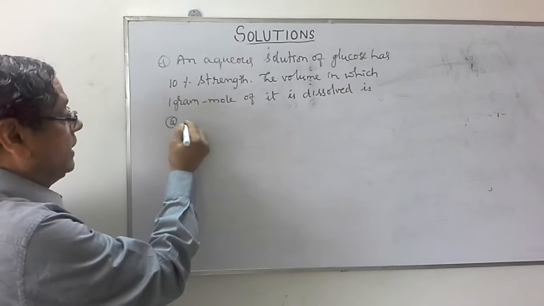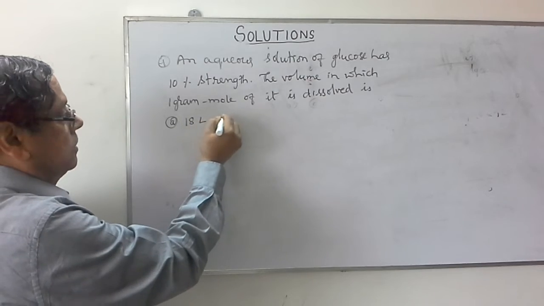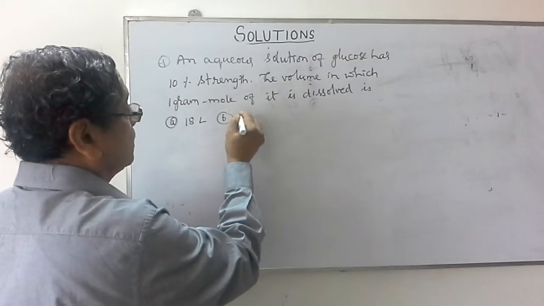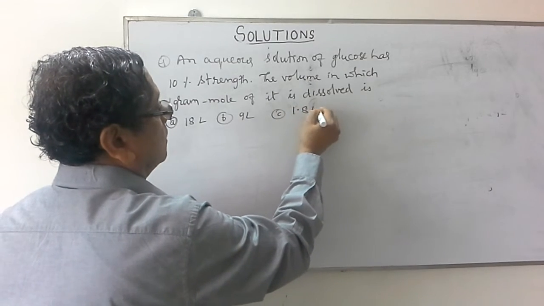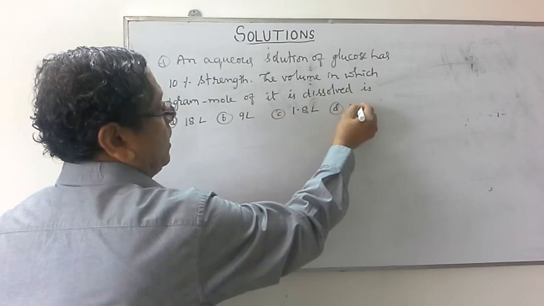The options are A 18 liter, B 9 liter, C 1.8 liter, D 0.9 liter.